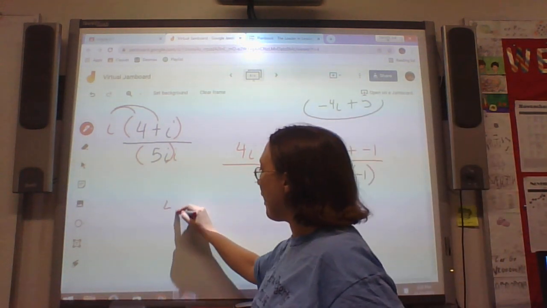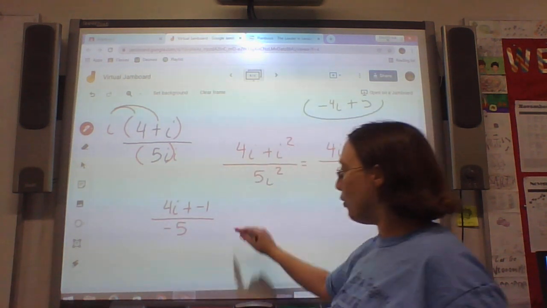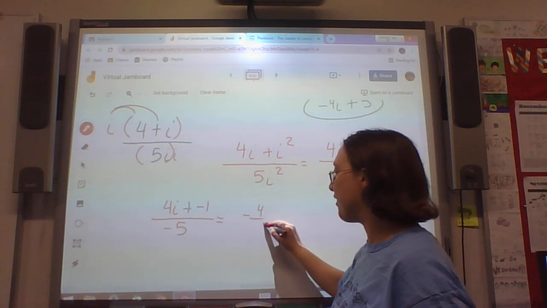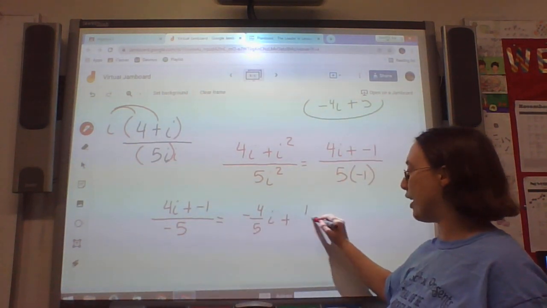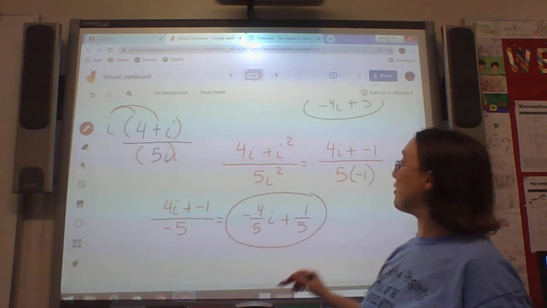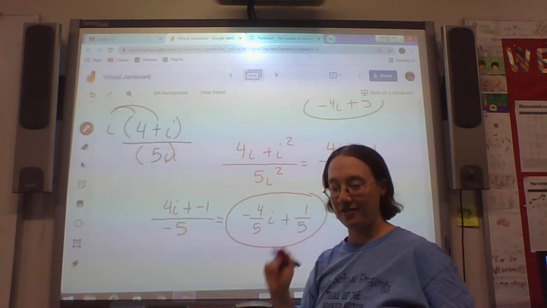So we've really got 4i plus a negative 1 over a negative 5, which again, we're just going to make look nice. So I'm going to call that a negative 4/5 i, and then minus a negative gives you a plus that 1/5. So real part, imaginary part, getting here is the big thing. This is just making it look nice.